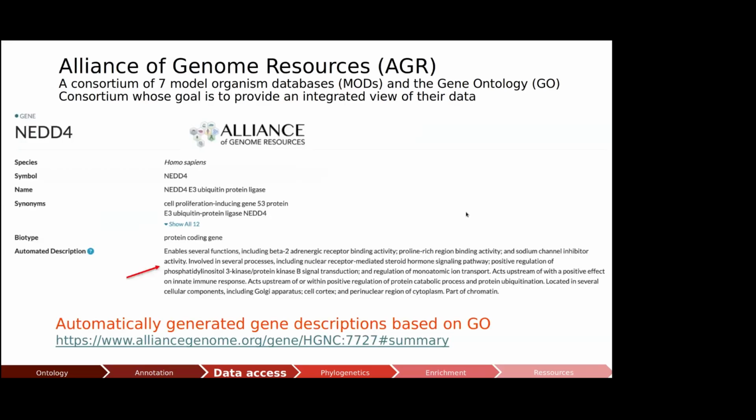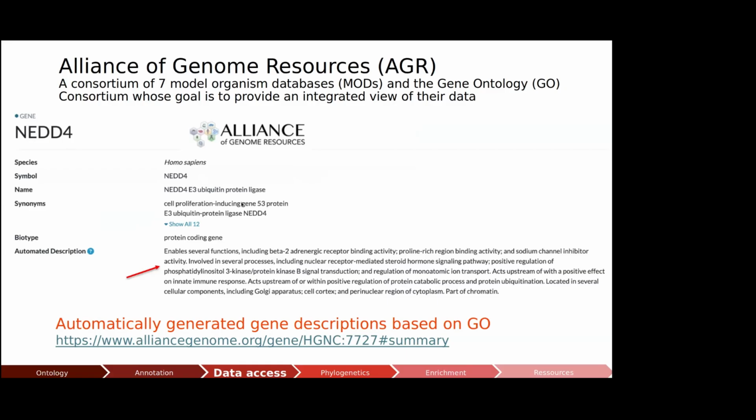These were two examples from model organism databases. There are more, and several of these have joined forces and formed a consortium together with GO to provide an integrated view of their data under the name of Alliance of Genome Resources, AGR.